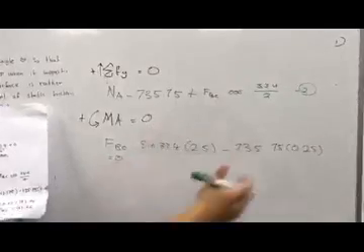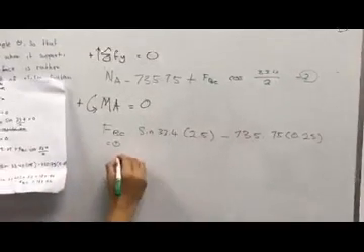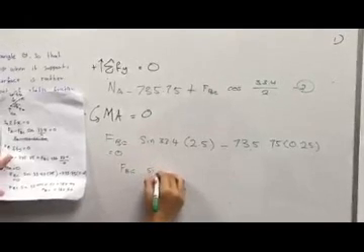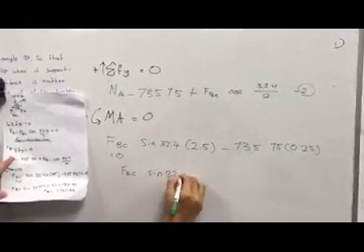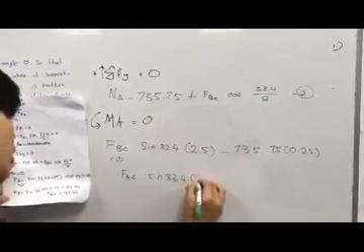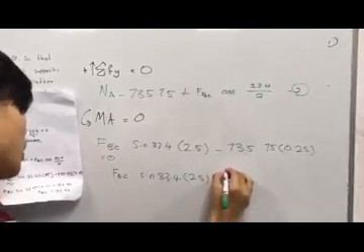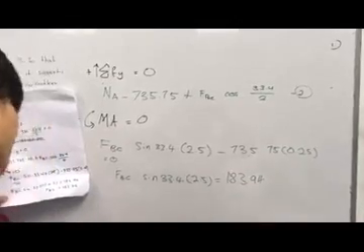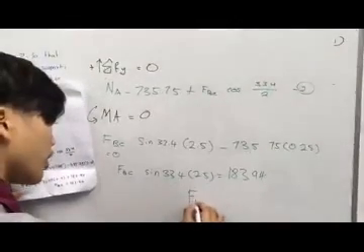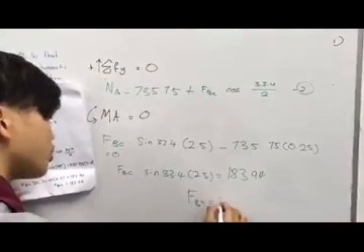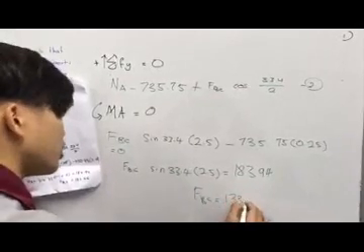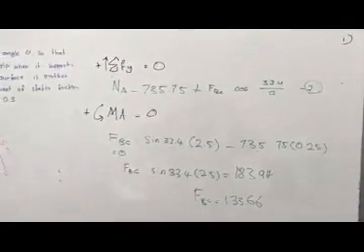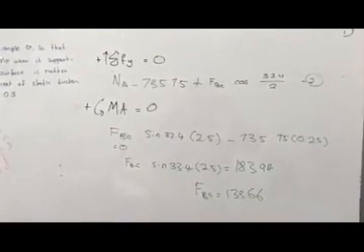Solving this, FBC sine 33.4 times 2.5 is equal to 183.94. Therefore FBC will be equal to 133.66.